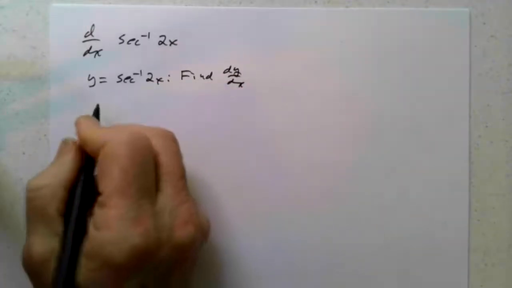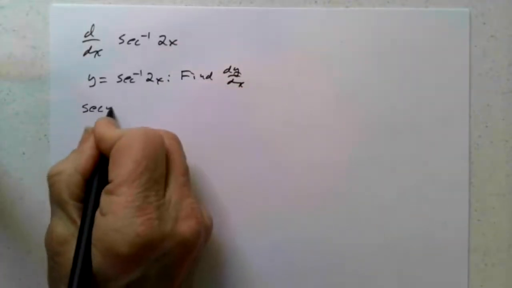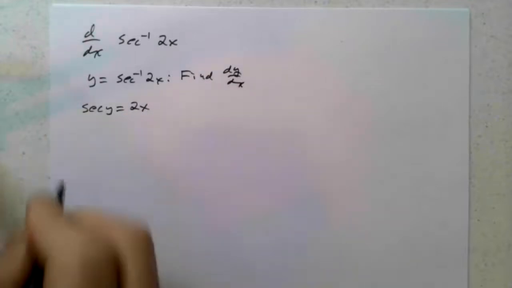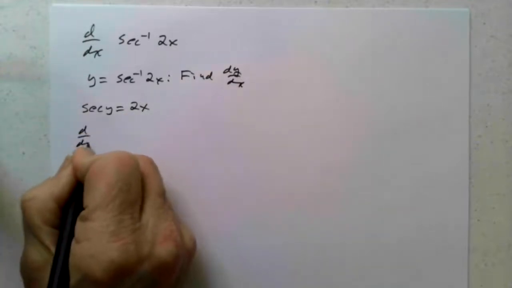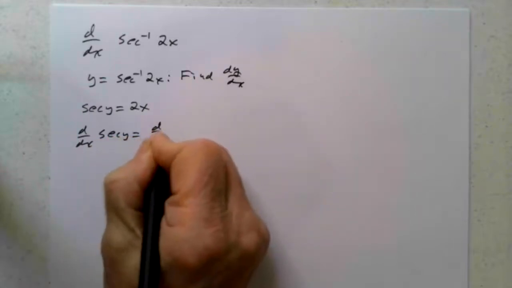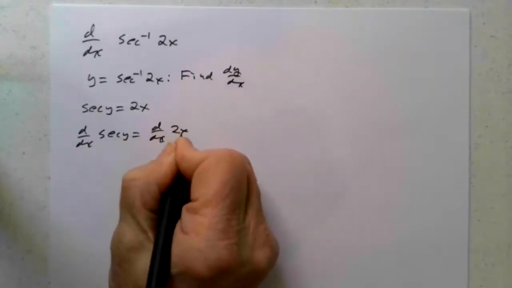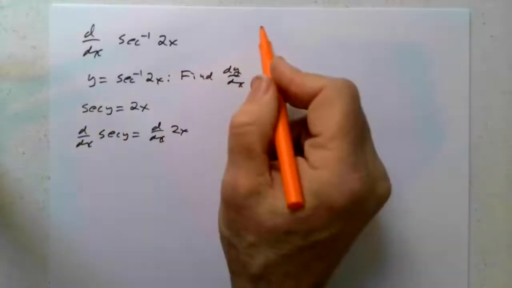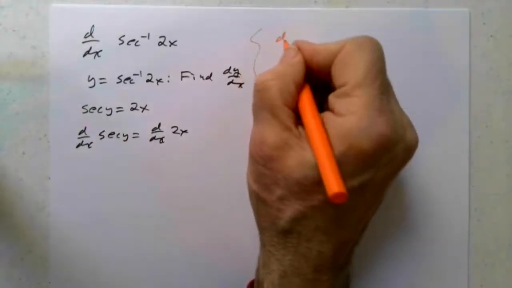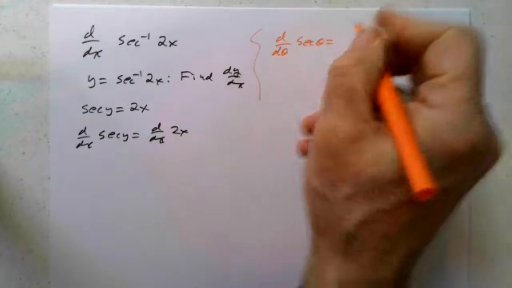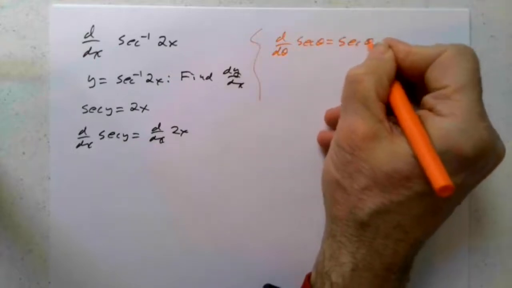If that's the case, then secant of y equals 2x. That's what it means. Then we're going to take the derivative with respect to x of both sides. The derivative with respect to x of sec y equals the derivative with respect to x of 2x. Now what do we know? We know the derivative with respect to theta of sec theta is sec theta tan theta.